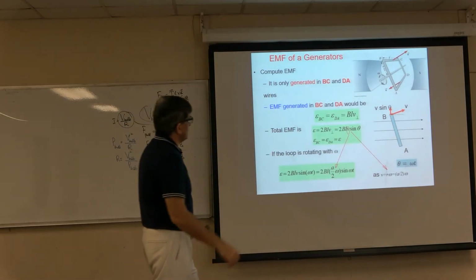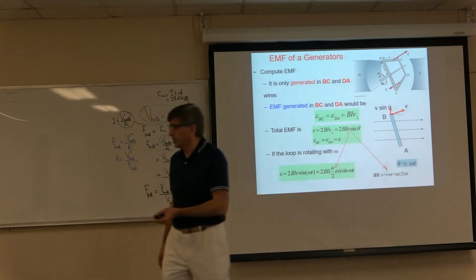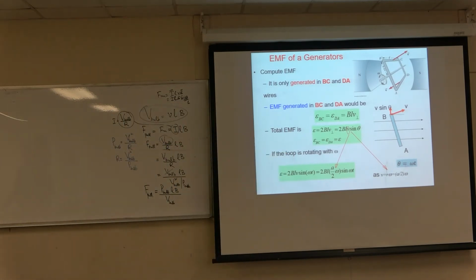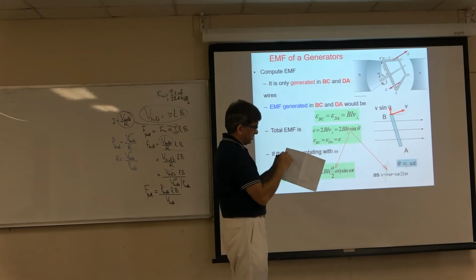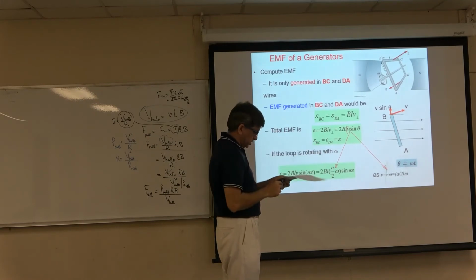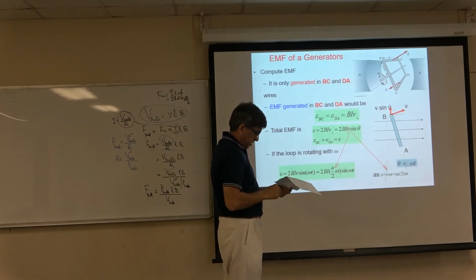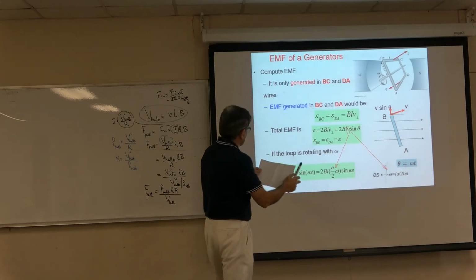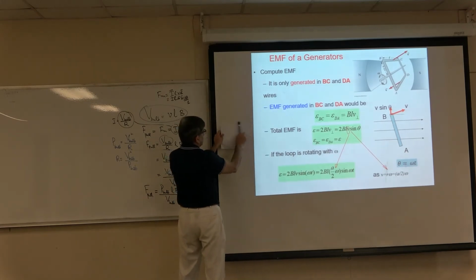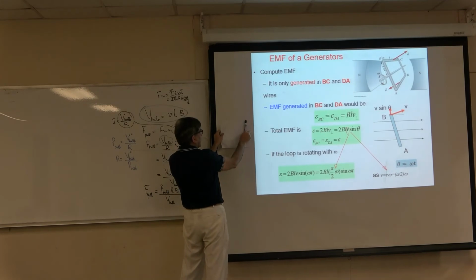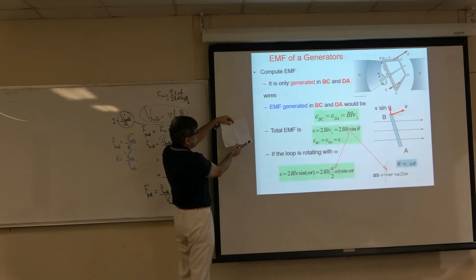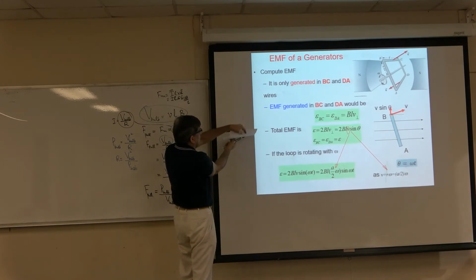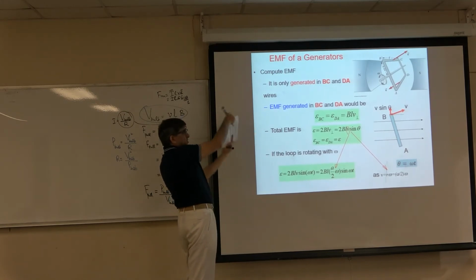Now, you see, instead of having the loop as it is, so either we are increasing or decreasing the area of the loop, instead of doing that, I keep the loop the same, but what I'm going to do is, inside the permanent magnetic field, I'm going to change the orientation of the loop.